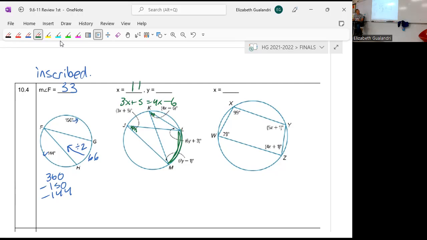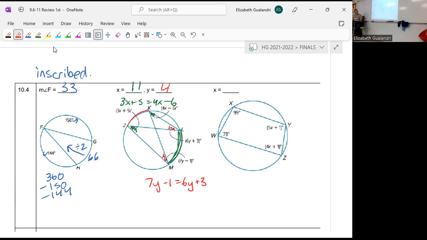And so x is going to come out to be 11. And then you do the same thing with the other angles, angle L and angle M, both open up to arc JK, which means they have to be equal to each other. So you set 7y minus 1 equal to 6y plus 3, and you come out with a y value of 4. Okay, so those inscribed angles, if they open up to the same arc, are equal to each other.